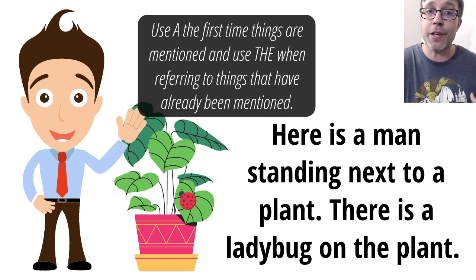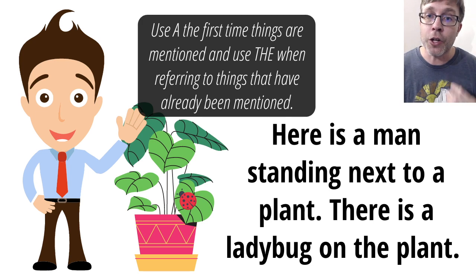You use a or an the first time that something is mentioned. So when you mention something for the first time, you're going to use a or an, like here is a plant. The next time that you mention it, the second mention, you're going to use the.